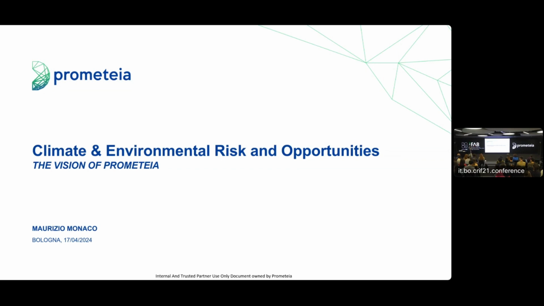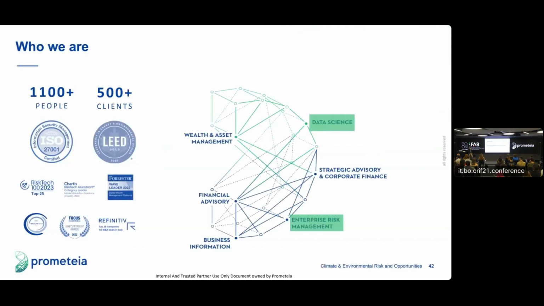Also how we are planning our data science and artificial intelligence team to work within the ESG environment, and what we are doing at Prometea in terms of risk, especially in the ESG sector.